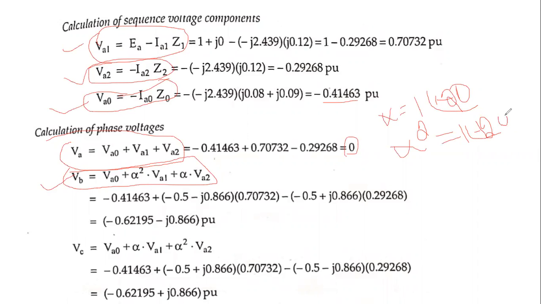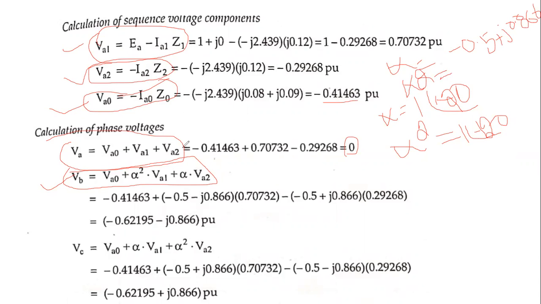Otherwise, alpha is equal to minus 0.5 plus j 0.866, or 1 at an angle of 120 degrees.